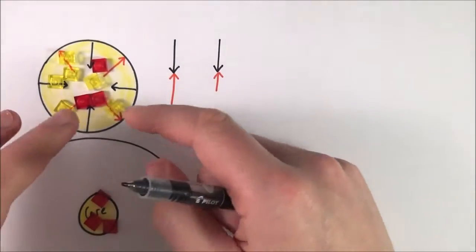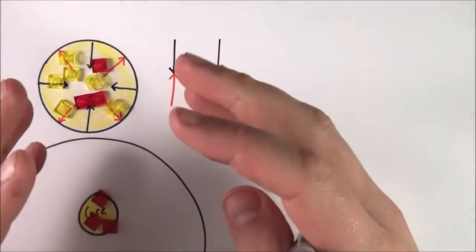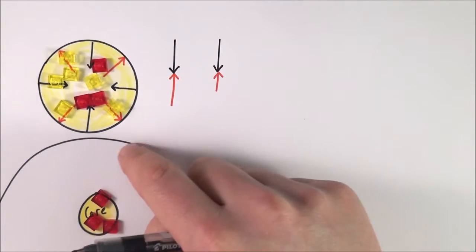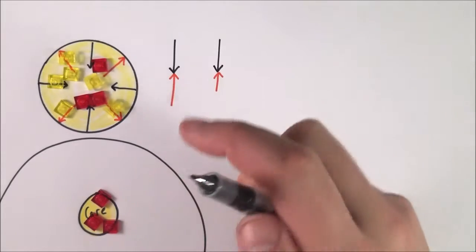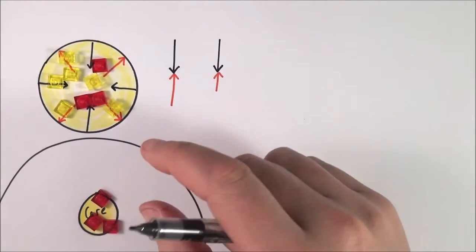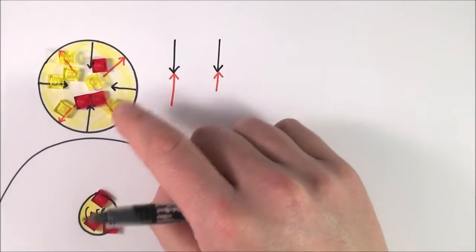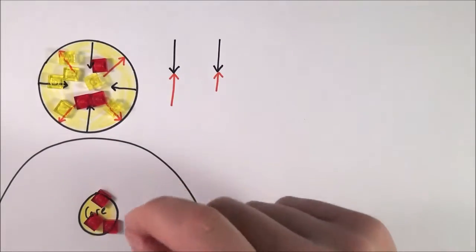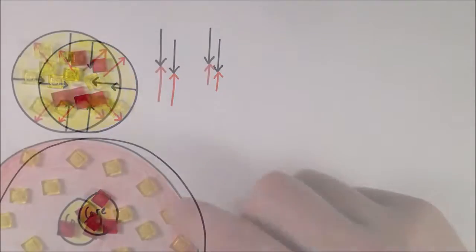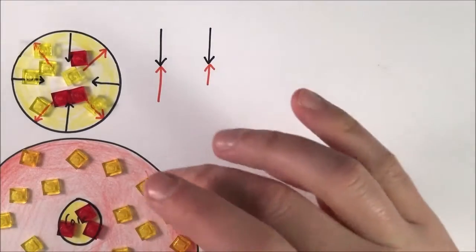Now, because we have effectively the same amount of energy being given off over a larger area, the temperature actually cools down. And what we see then is that the temperature of the star cools down and it changes from a white or yellow colour to a red colour. So this is what's happening inside the red giant.